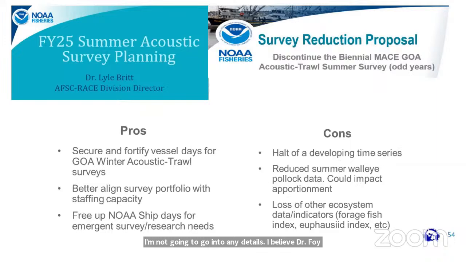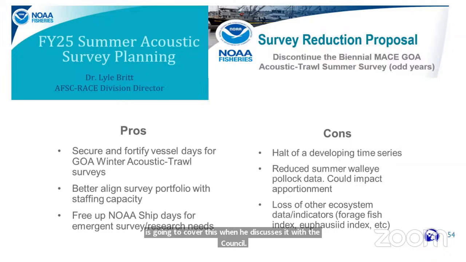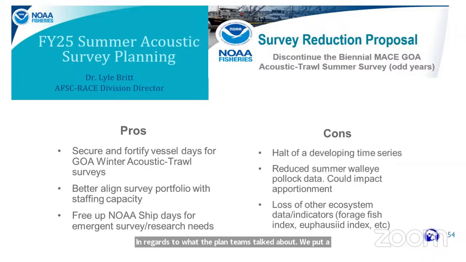In regards to what the plan teams talked about, we put a few things in there, one thing is dropping that survey. It is used in pollock apportionment. The author's well aware of that. I think there'll have to be some work to address how to continue the apportionment strategy for Gulf pollock.